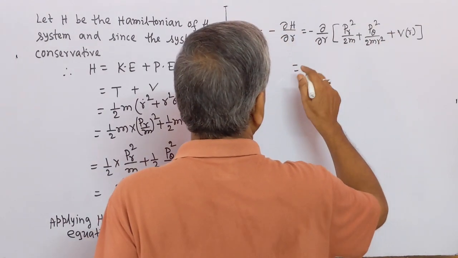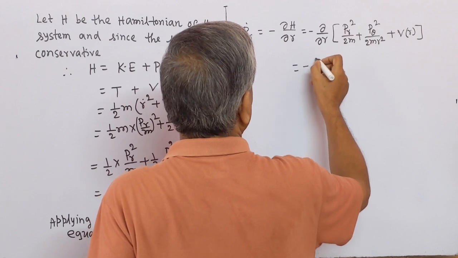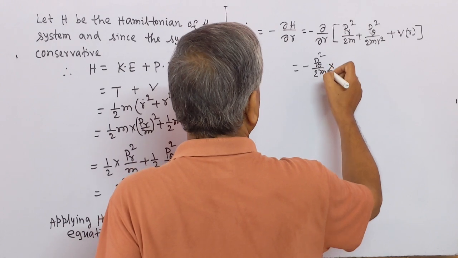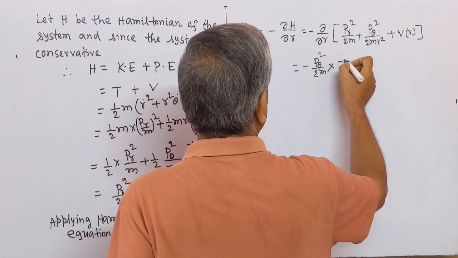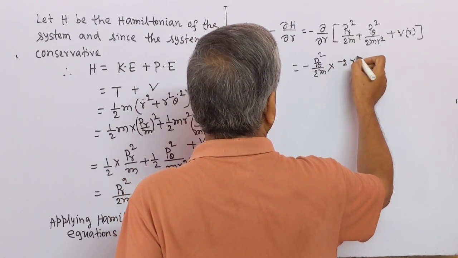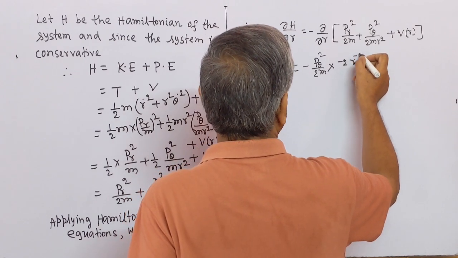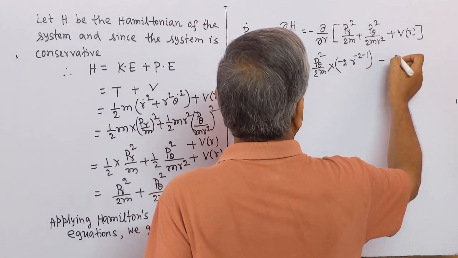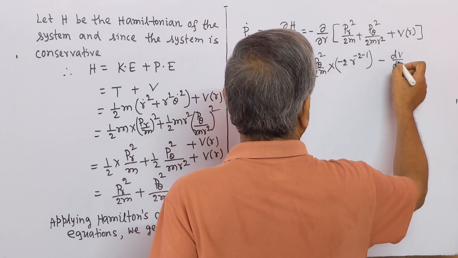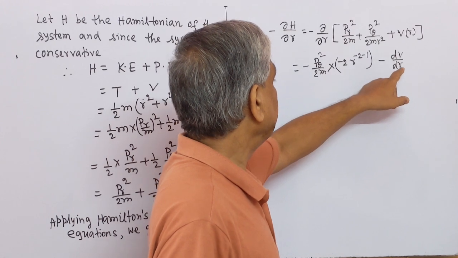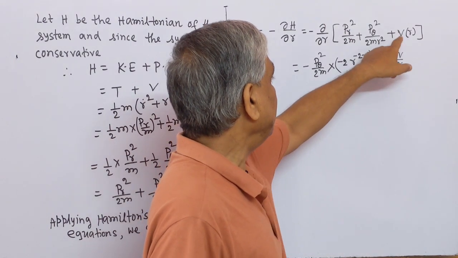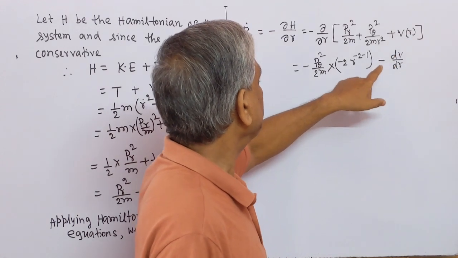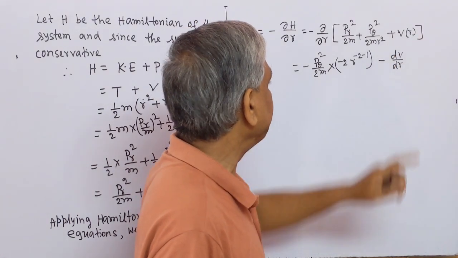So we differentiate this: minus P theta square by 2m multiplied by minus 2n into R to the power n minus 1, minus dV by dr. Here we have used the total derivative because V is a function of single independent variable r only. So no need to use the partial derivative.